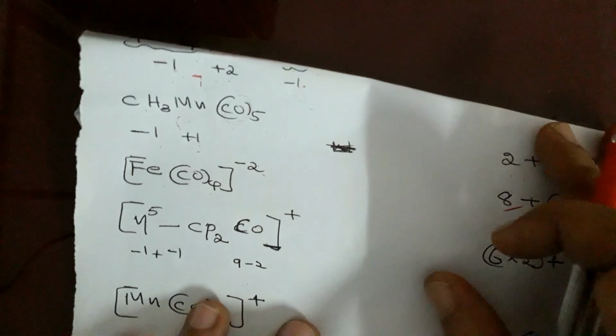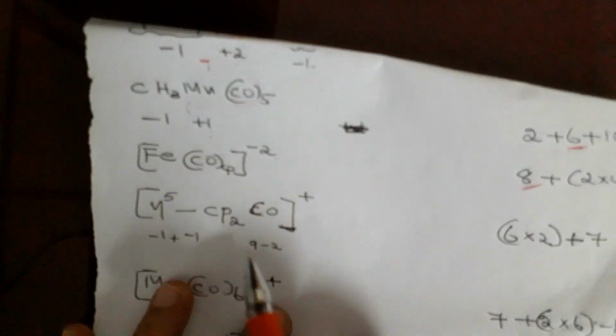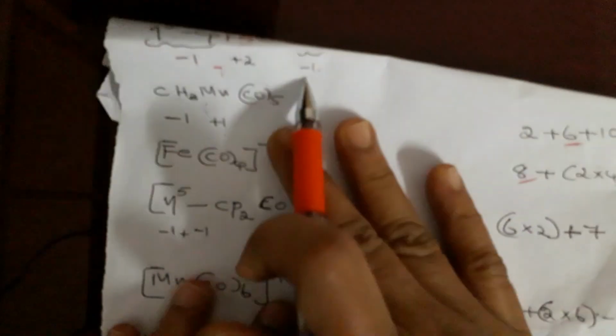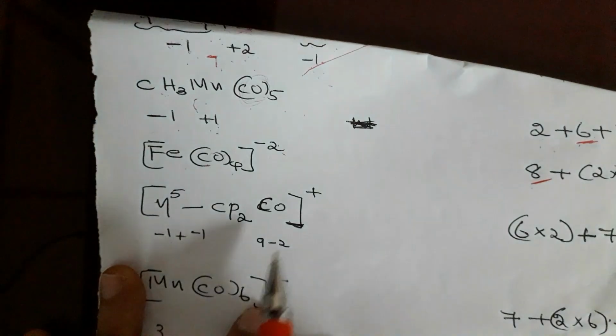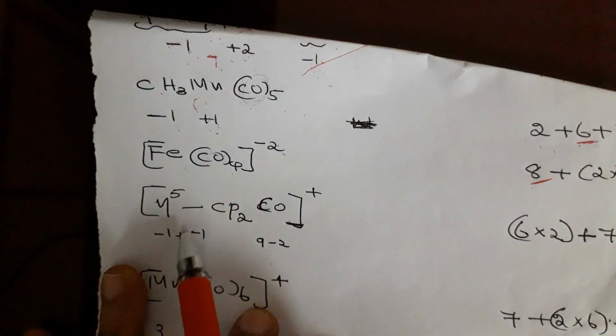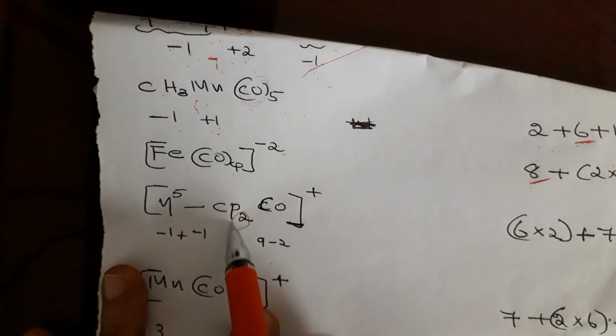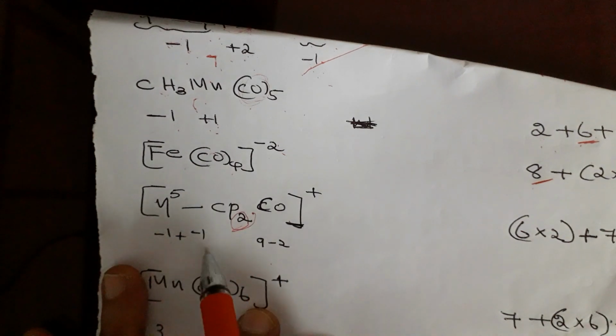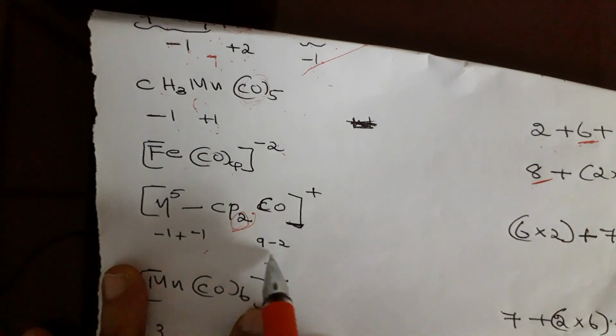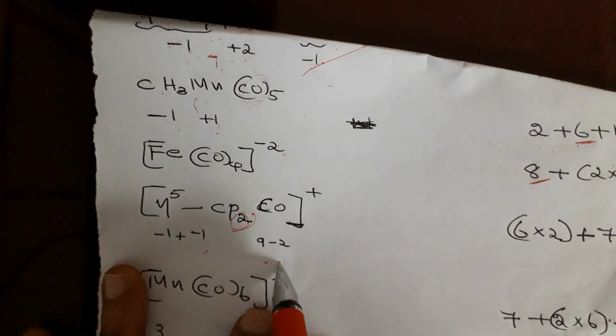Next example, eta 5 Cp2Co. Here first you find out the oxidation state of Co. This type of ligand has formal charge minus 1, and here there are 2, so minus 1 plus minus 1, minus 2. So Co has 9 valence electrons, 9 minus 2, 7.